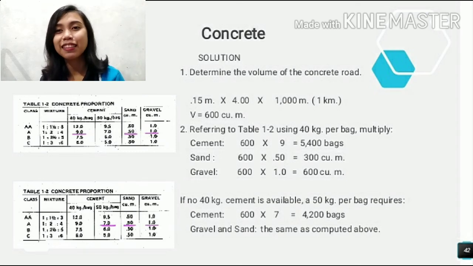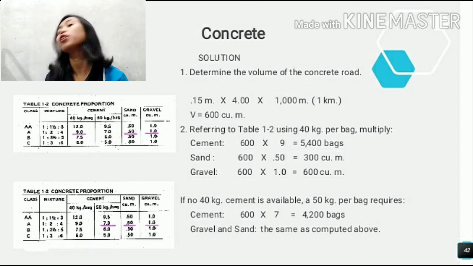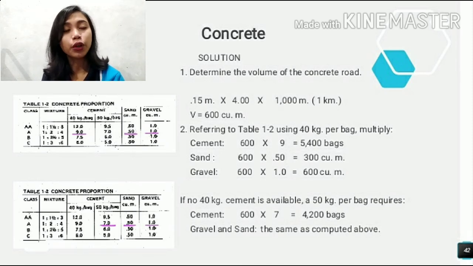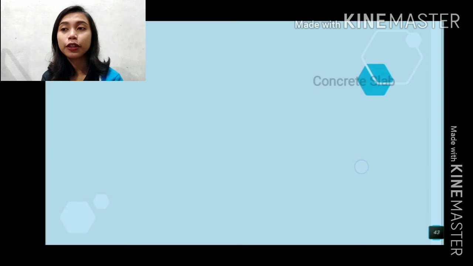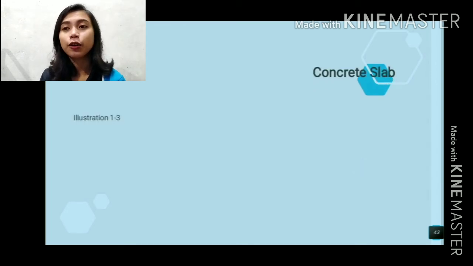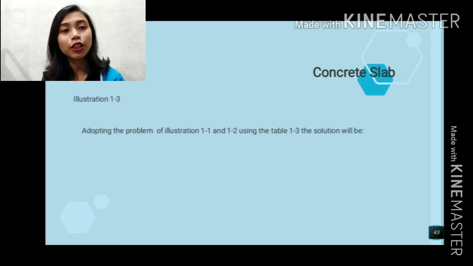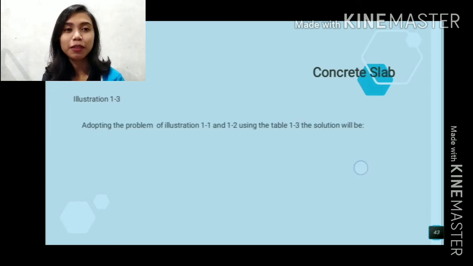So in cement, 600 multiplied by 7 is equal to 4,200 bags. In gravel and sand, it is still the same as computed above, where in sand 600 multiplied by 0.5 cubic meters is 300 cubic meters, and in gravel 600 multiplied by 1 cubic meter is still 600 cubic meters.